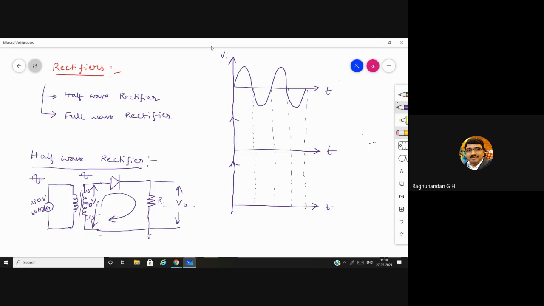Okay. So now during this positive half cycle, the diode gets forward biased. So we know that if the diode is forward biased, it is going to act as a short circuit or a closed switch.